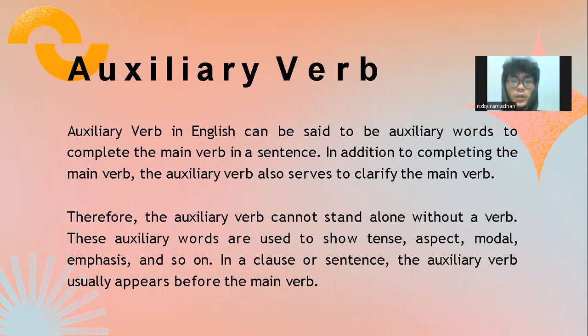In addition to completing the main verb, the auxiliary verb also serves to clarify the main verb. Therefore, the auxiliary verb cannot stand alone without a verb. These auxiliary words are used to show tense, aspect, modal, emphasis, and so on. In a clause or sentence, the auxiliary verb usually appears before the main verb.